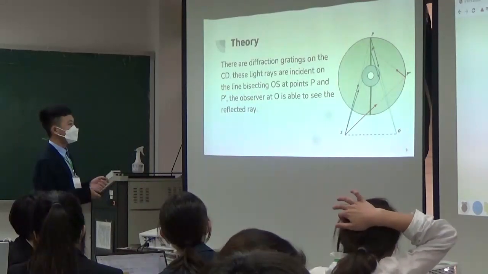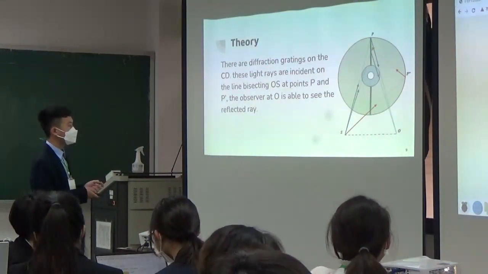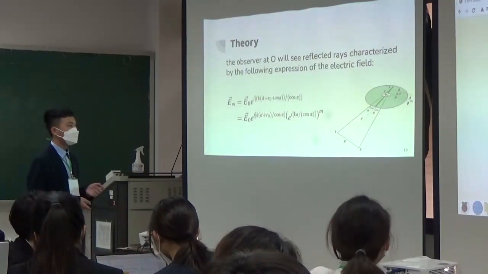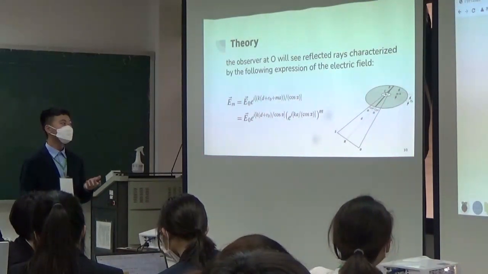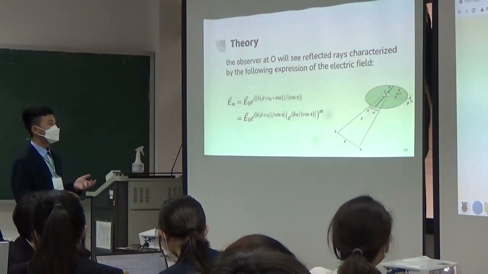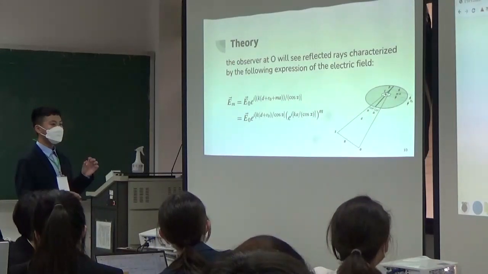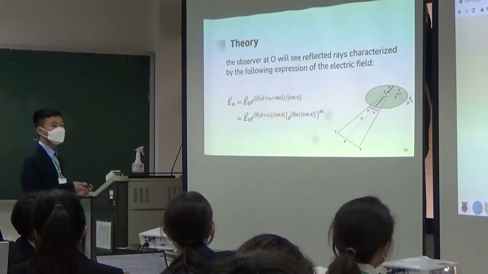The observer is at O, and this is the light source. In order to calculate the wave more easily, we change the intensity into the form of E, which means electric field.